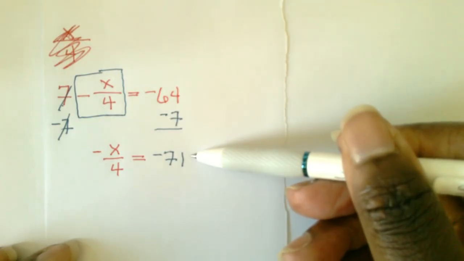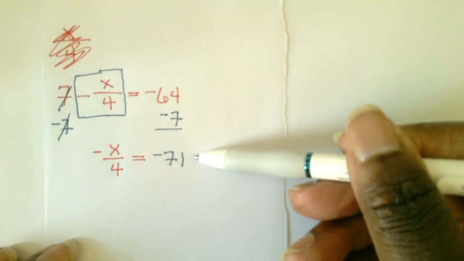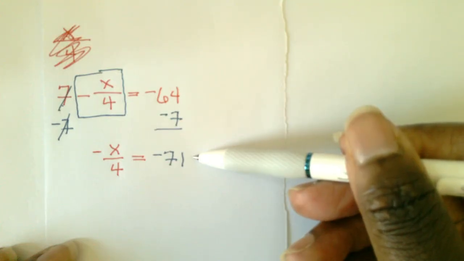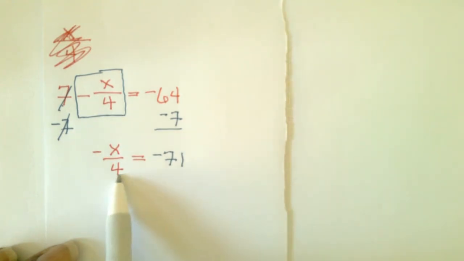Okay? Now, from here, what's going on? So from here, we're going to take care of this fraction. The inverse of division means multiplication. So let's take care of two things at the same time.